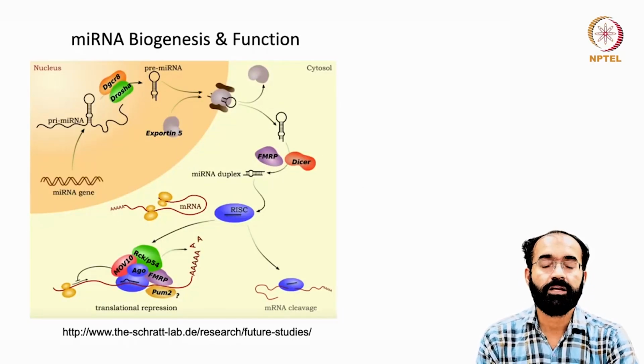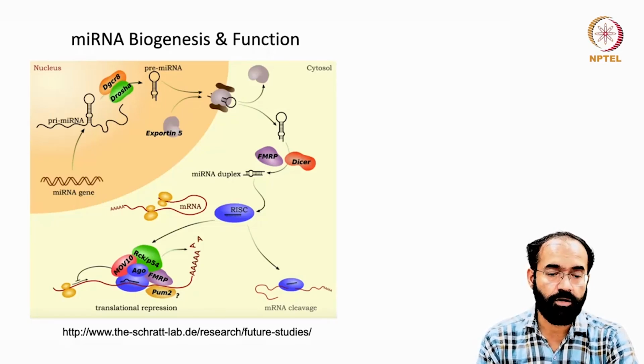Now in this microRNA biogenesis cartoon, you can see the nucleus and the primary microRNA which has formed a loop, and this is from the DNA. This stem loop structure is acted upon by Drosha nuclease and DGCR8, and you end up getting a pre-microRNA, and with the help of exportin through the nuclear pore complex, it is released into the cytoplasm.